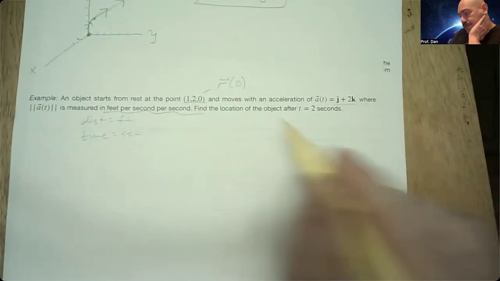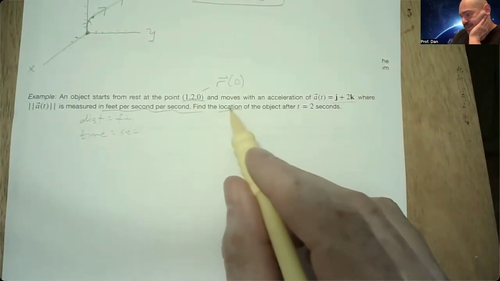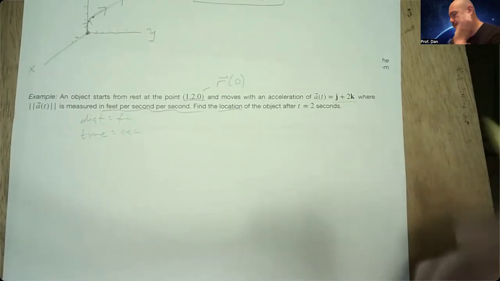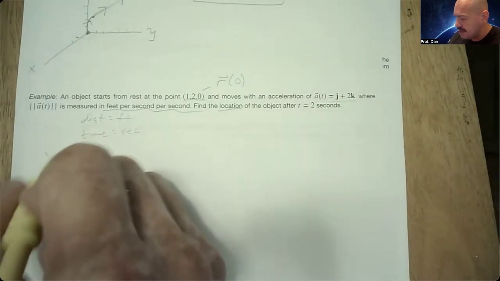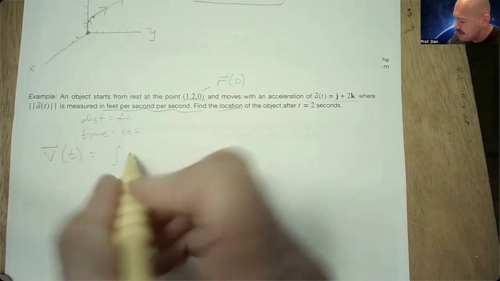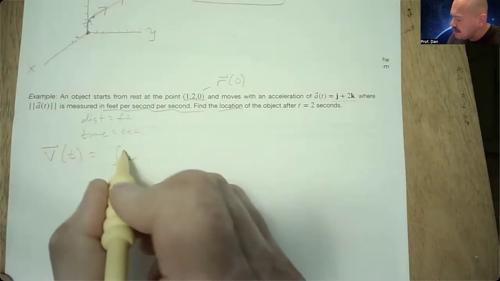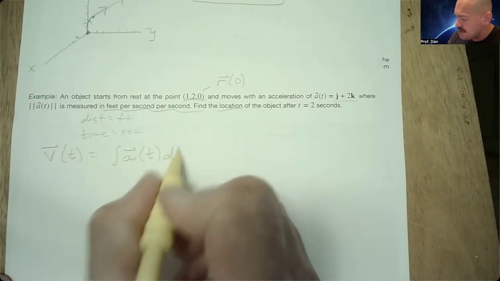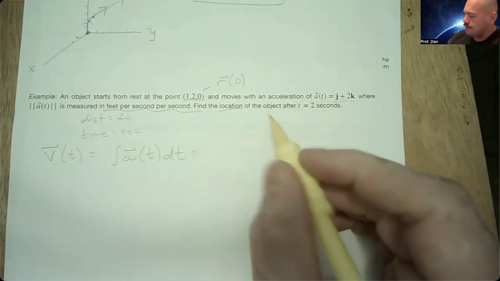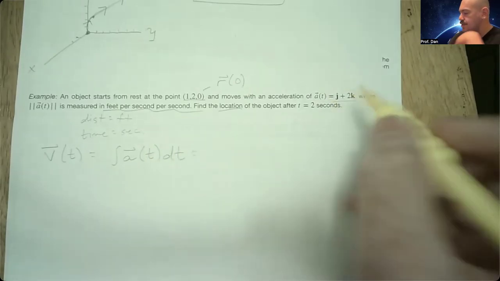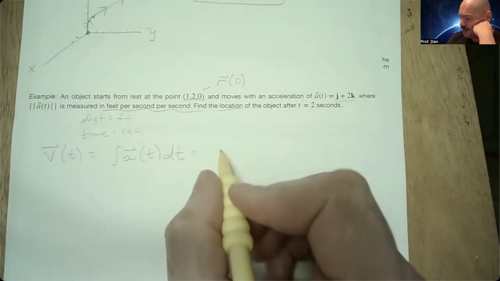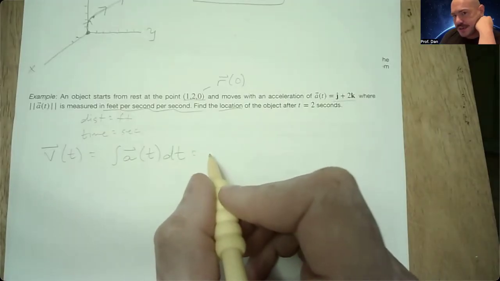If I want to find position or location and I start off with acceleration, I have to integrate twice. So remember, the first time I integrate, I'm going to get my velocity vector. So the integral of the acceleration vector with respect to t. Since there is no i component, we know that the velocity could have had an i component that was just a constant.